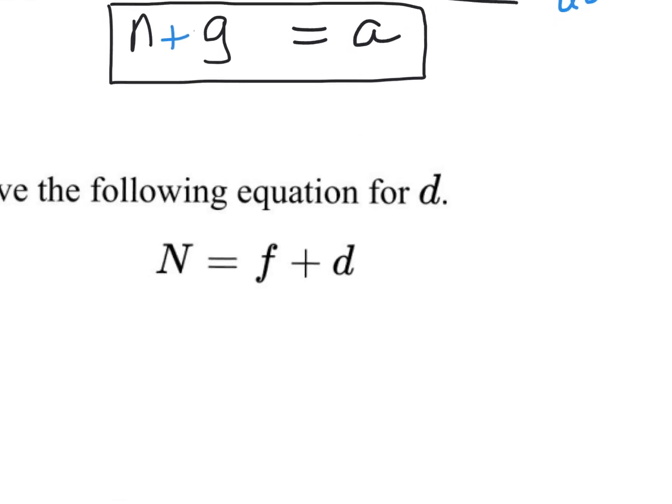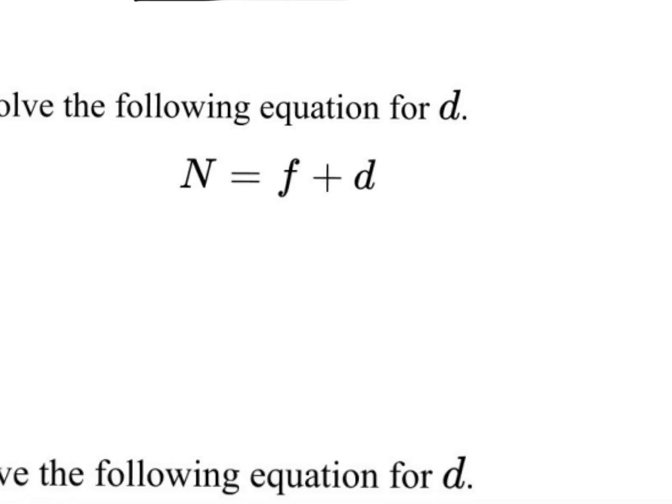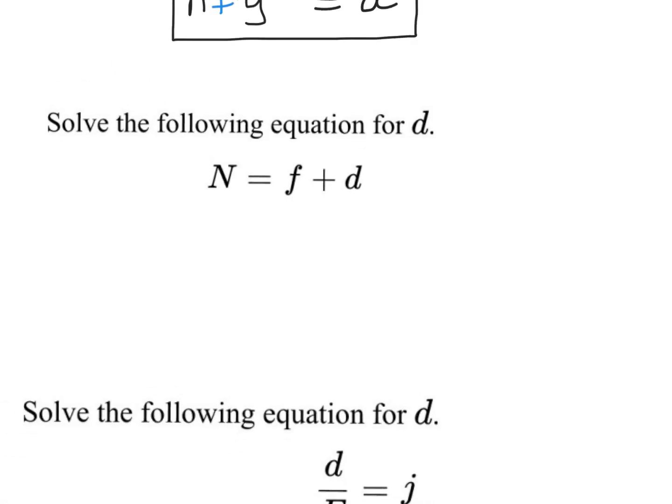Okay, anybody not okay if I scroll up for the third one? Okay, so what am I trying to isolate based on the wording of the problem? D. Okay, now there is not anything in front of the F. So in mathematics, when there's nothing there, we just know that that means it's going to be a positive.